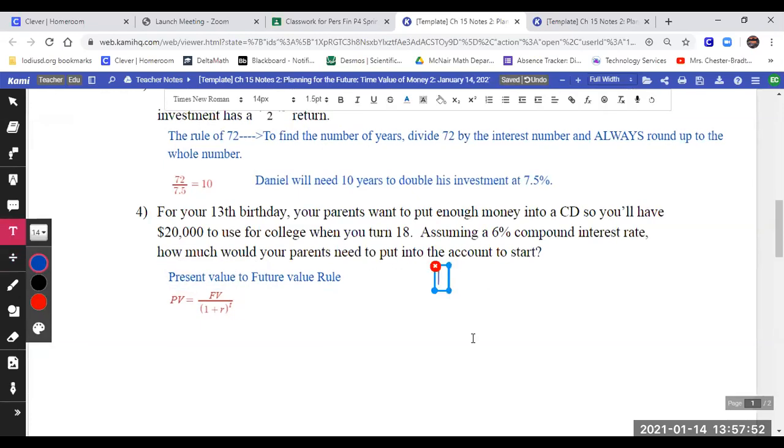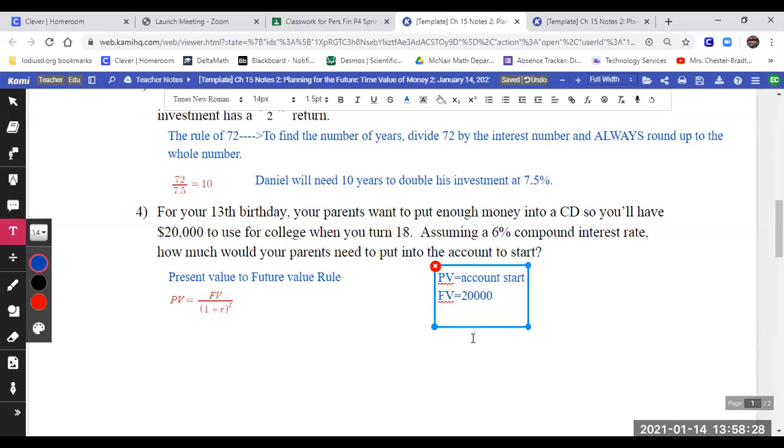Do we know the present value? Do we know how much we need to start the account with? Because present value equals the account start. Do we know the account start? No. Do we know the future value that we want to have? What is it? The 20,000.